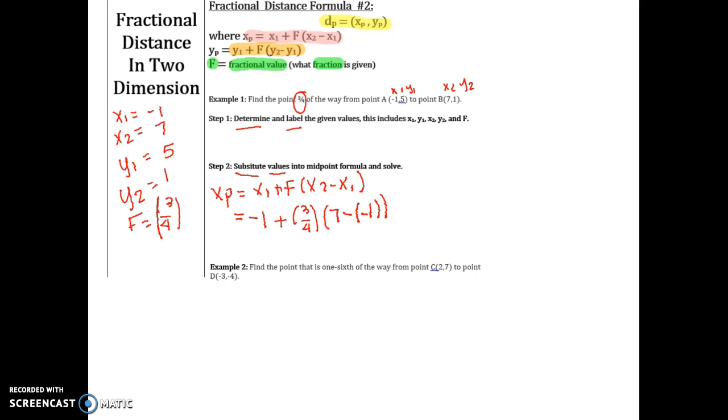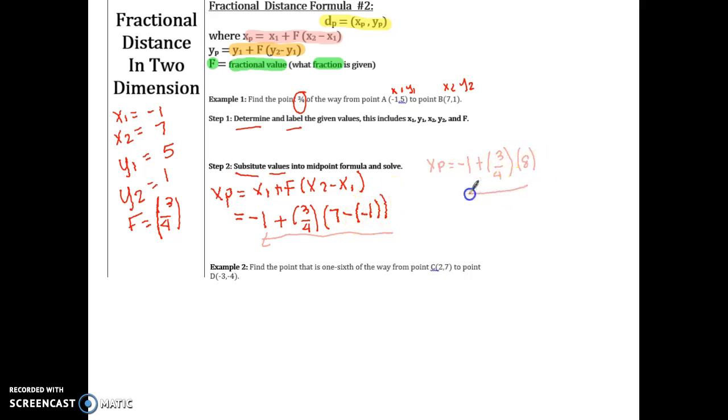Just like we do in 1 dimension, we're also going to start from right to left. So our first step should be 7 plus 1. So we will say xp equals -1 plus 3/4 times, and then you should have gotten 7. This becomes a plus. You should have gotten an 8.